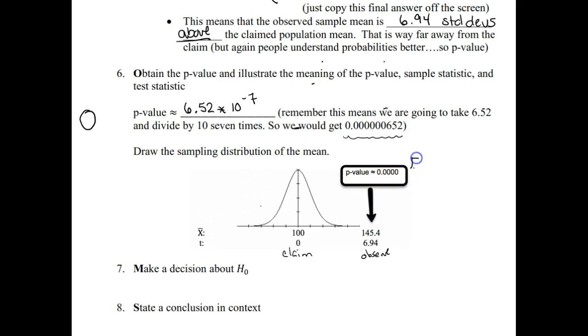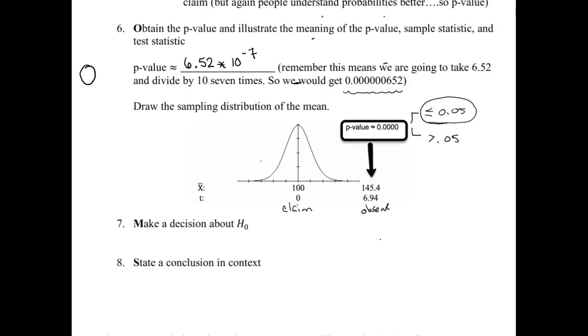And so to make a decision, we have to compare that p-value to alpha, and in this case that was again 0.05. So our p-value, 0.0000 when rounded, is definitely less than or equal to 0.05. Which means this 145.4 is an unusually high value of X bar, which means we don't believe mu of 100 is true.